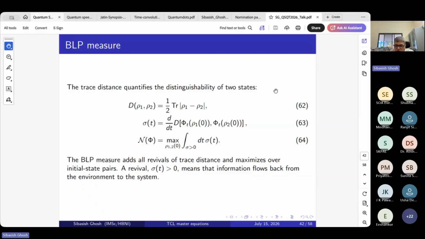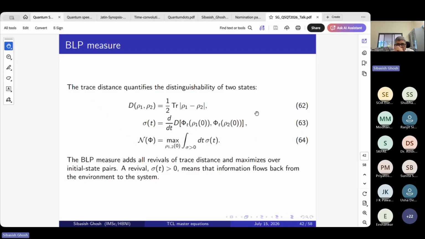There are different ways of calculating non-Markovianity. The one we are using is the BLP measure. You take the difference of two initial states, take the trace distance and multiply by half. This will give you some kind of distance, and then you evolve these states under your dynamical map, again take the distance and take the time derivative.